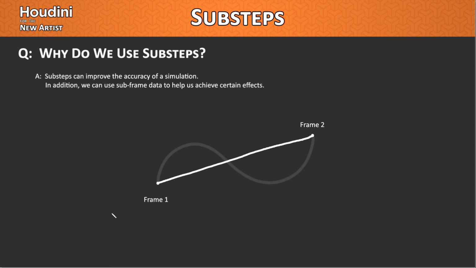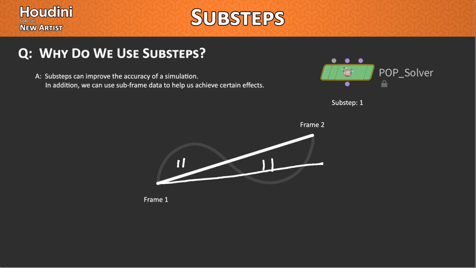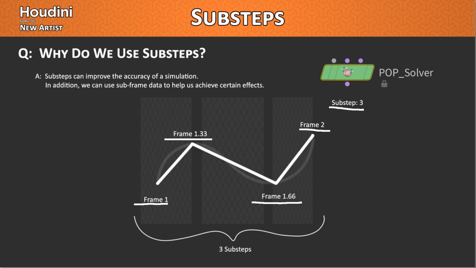But again, we'll be left with that same problem where it's not going to give us the best looking result because it's not going to take all of that subframe information into account. So what we'll end up doing is we'll end up taking a few different subframes, we'll cache out these different subframes, and then we will use these points to connect and create our little strands.